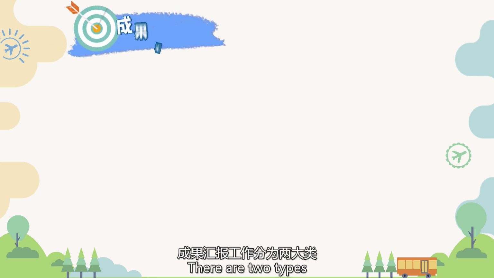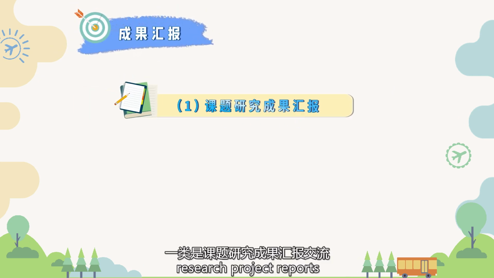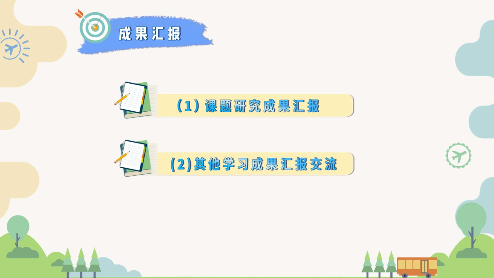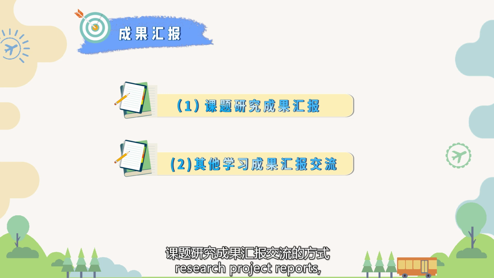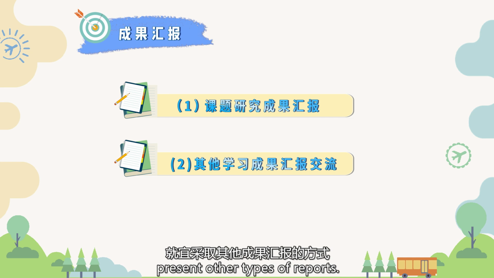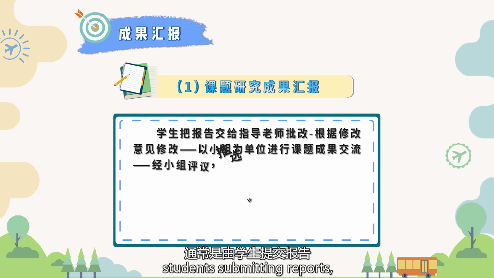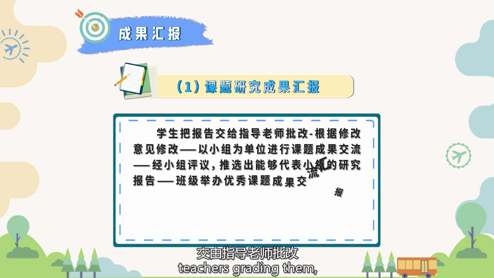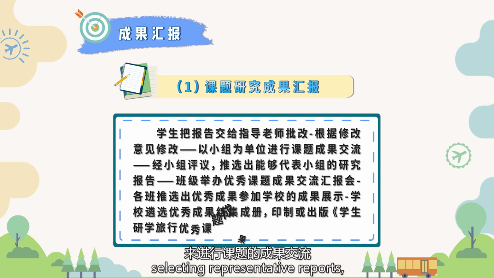effectively. There are two types of achievement reports: research project reports and other reports. High school students typically present research project reports, while middle and primary school students present other types of reports. The process usually involves students submitting reports, teachers grading them, providing feedback, group discussions, and selecting representative reports.